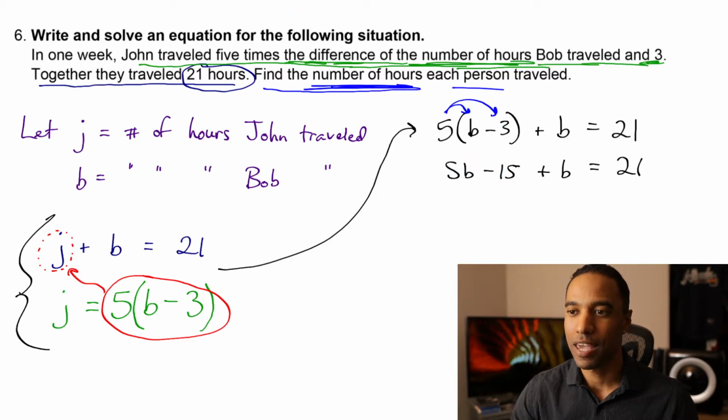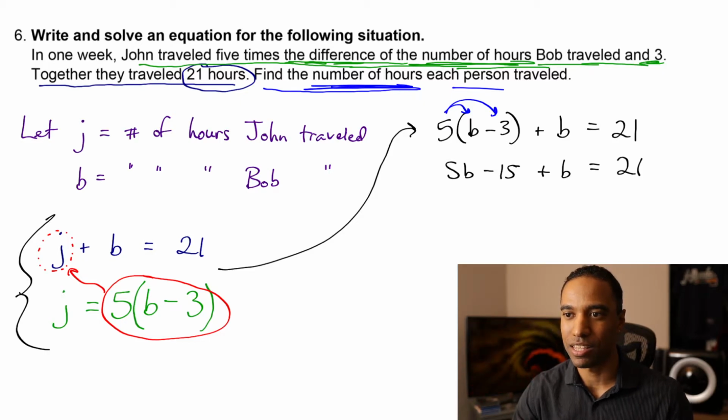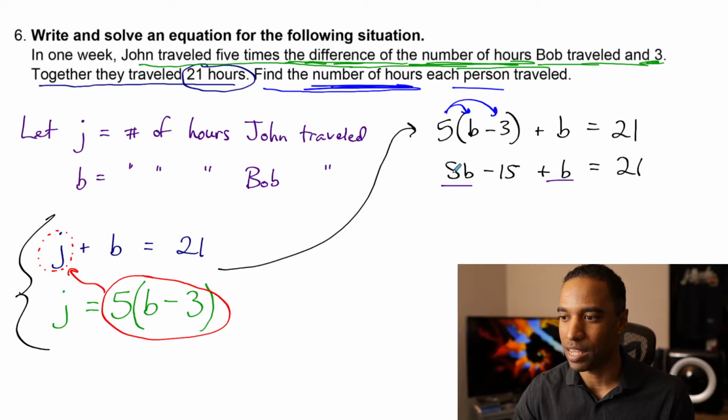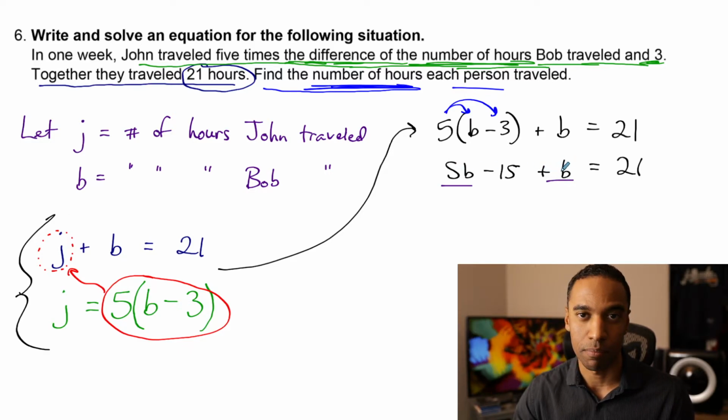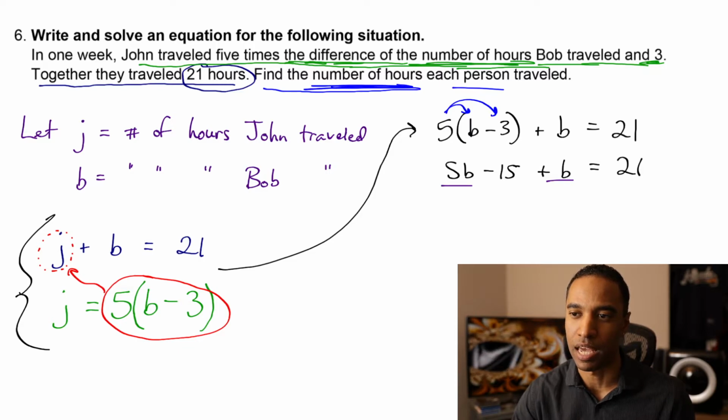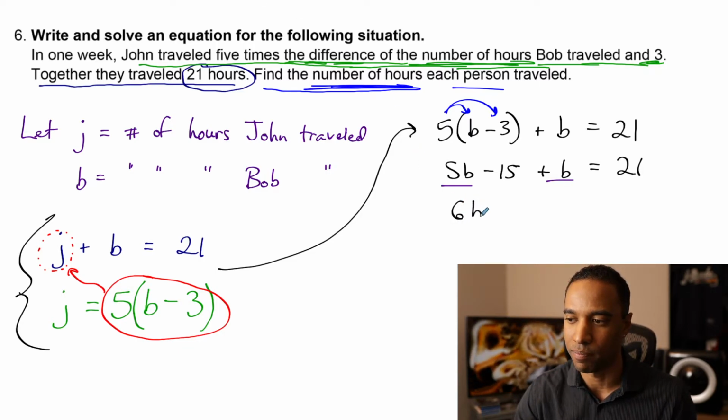All right, this simplification. This is the first time we're going to see something like this on one side of the equation. These two terms have to combine right here, 5b and b, positive b. Don't do 5b minus b. This minus has nothing to do with that 5b or that b right there. 5b plus 1b is 6b. I will combine like terms right there, and then I have the minus 15 still on this side.